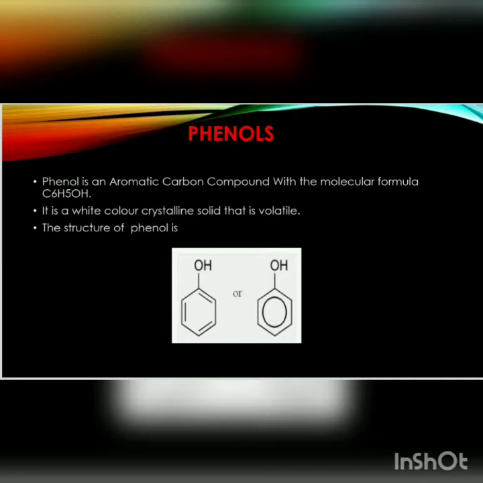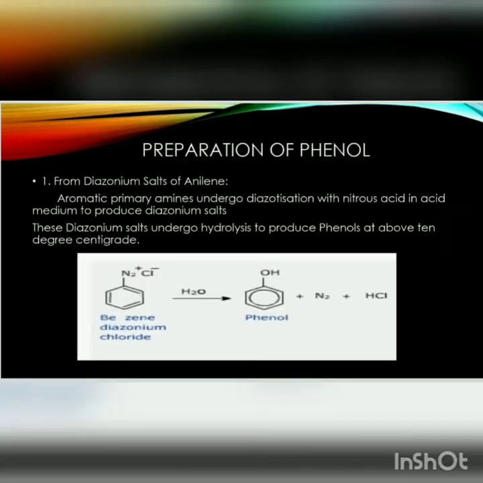Phenol is a white colored crystalline solid. It is volatile, and the structure of phenol is shown in the diagram. That is, phenyl group is attached to the OH group, right?